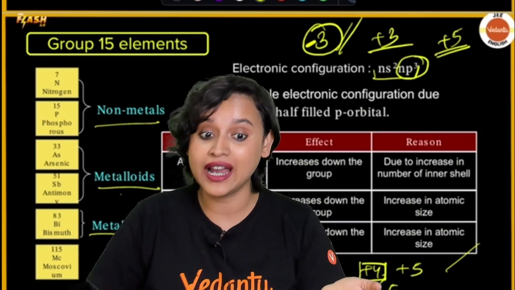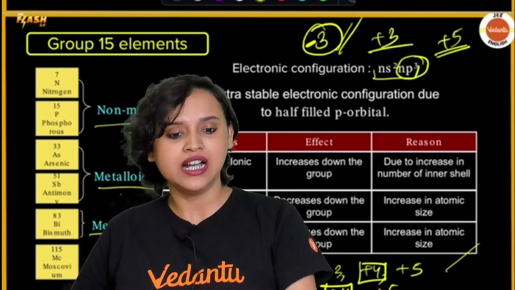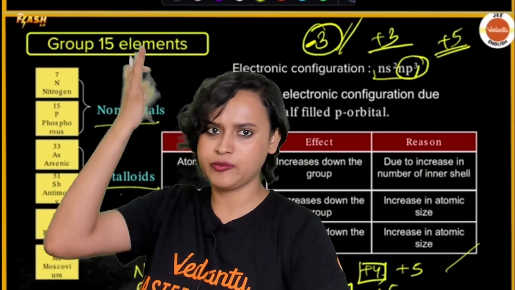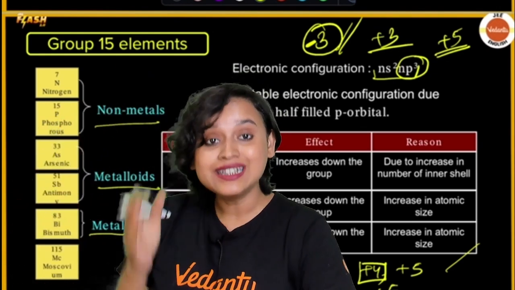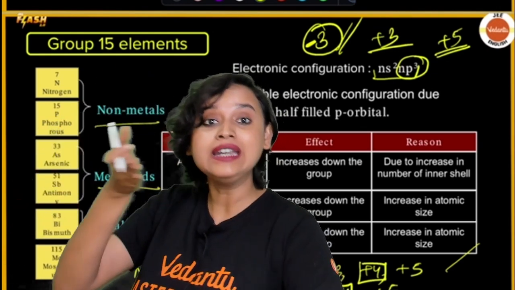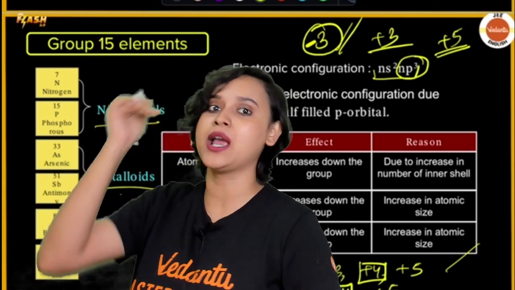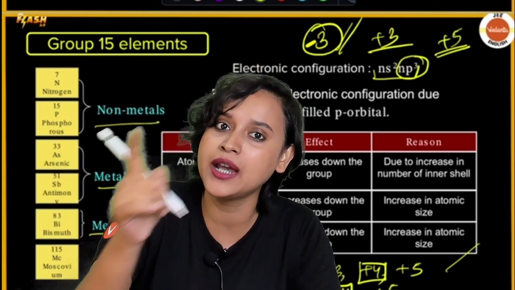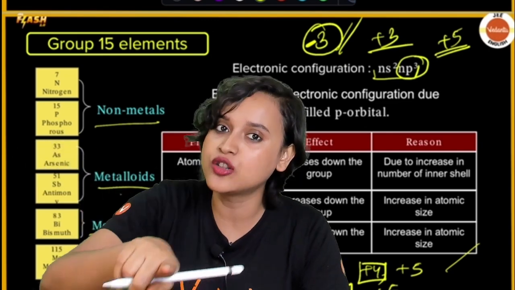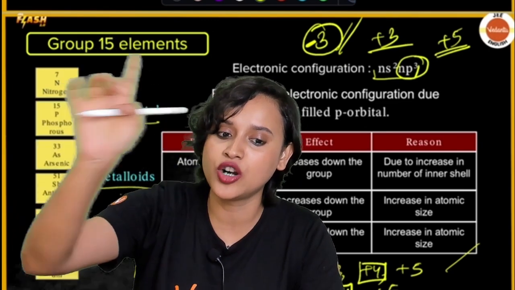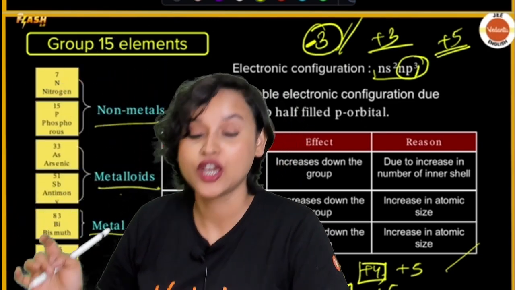But have you seen phosphorus forming a lot of p-pi bonds? No, it doesn't. The other elements can form p-pi d-pi or d-pi d-pi multiple bonds. Now how do you calculate what this p-pi d-pi is? All of that I've taught you in chemical bonding. Go and watch it.